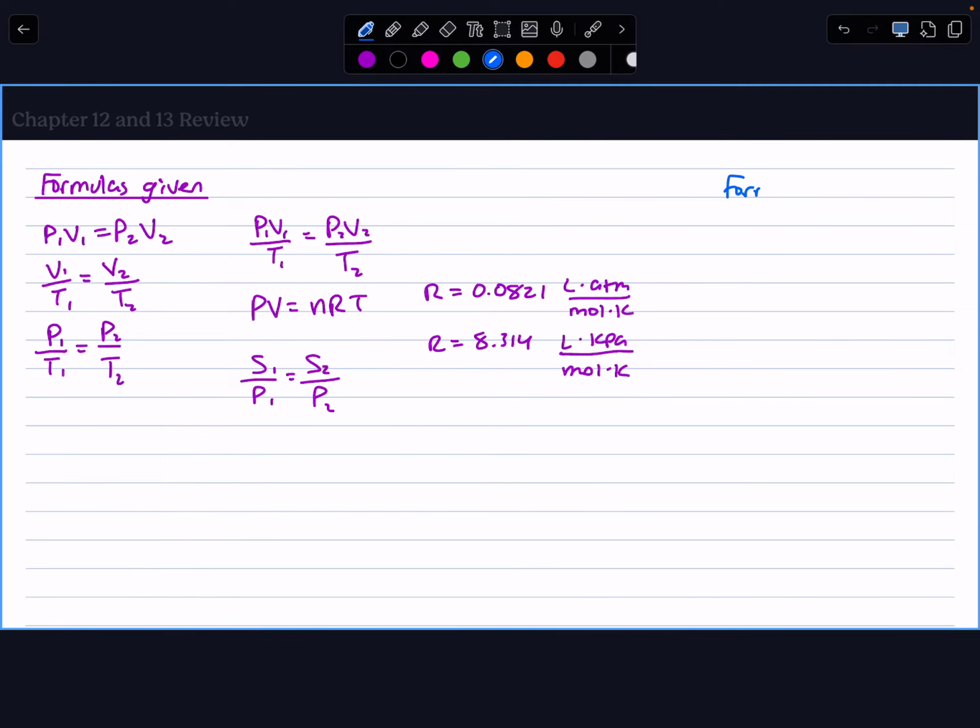Now, formulas you need to know. Simple. Molarity and molality. So we'll start with molarity because it's more popular.